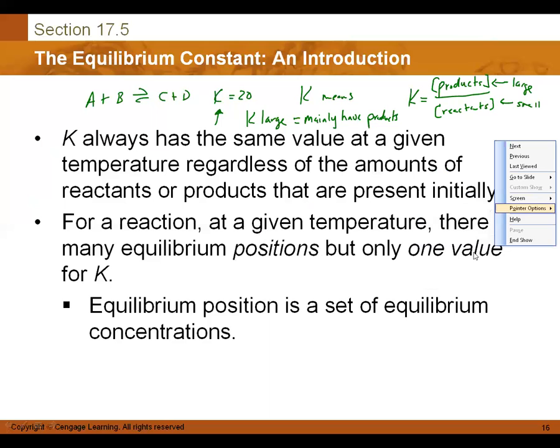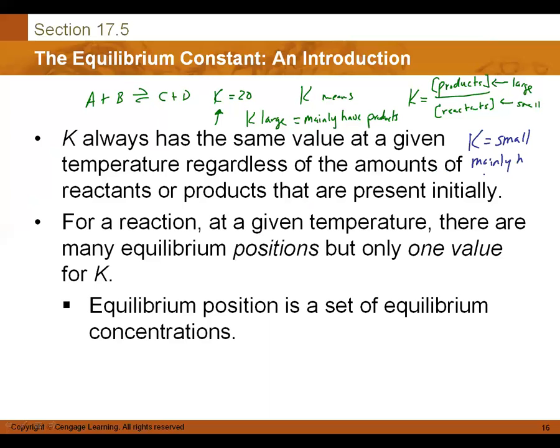Now, the opposite is true if we calculate K and it's a small value. What that means is when we reach equilibrium, we will mainly have reactants.